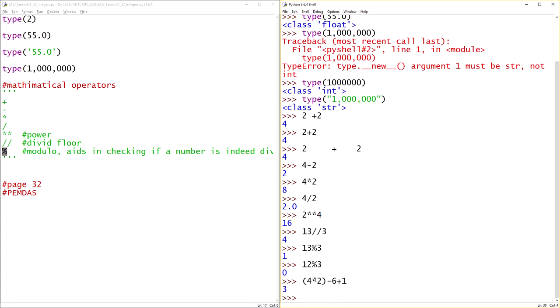So let's walk through this. Parentheses first, 2 times 4 is 8, minus 6 is 2, plus 1 is 3. So you can get tricky with these and start to maneuver them. I suggest practice with it, have some fun. It'll help you out later on when we discuss variables, which are coming up next.